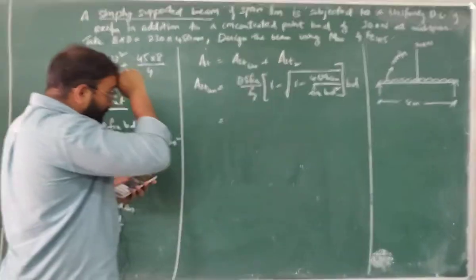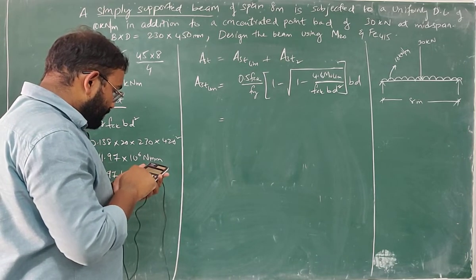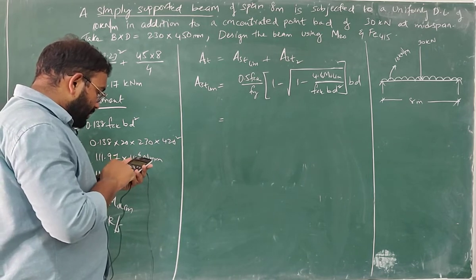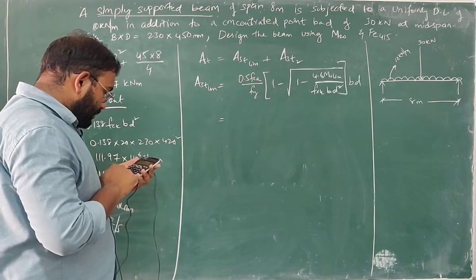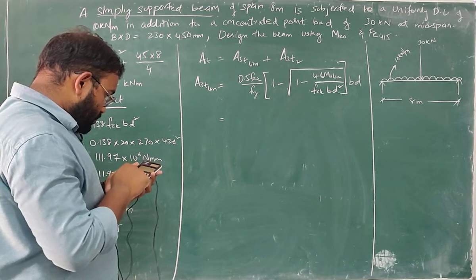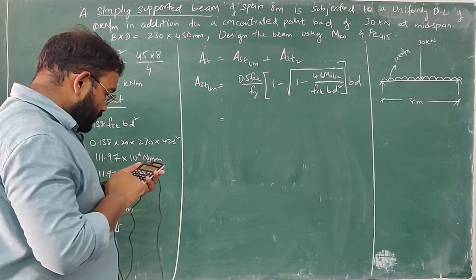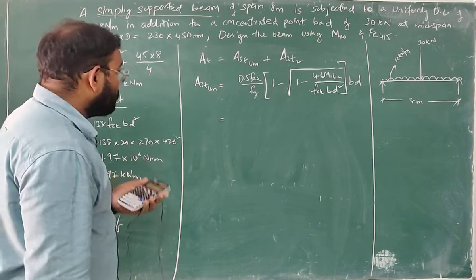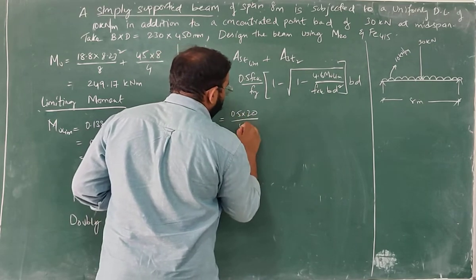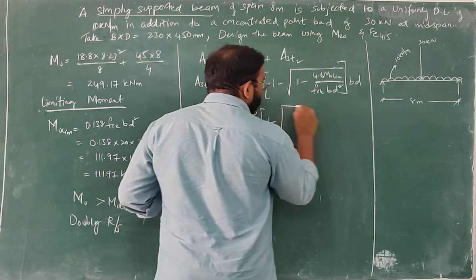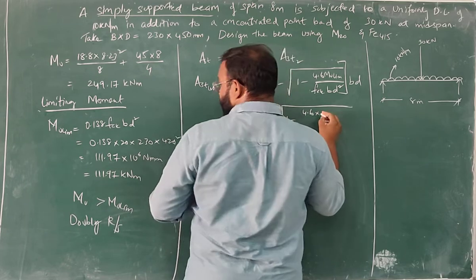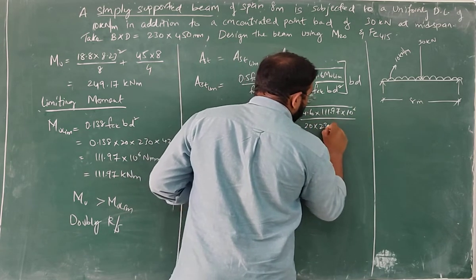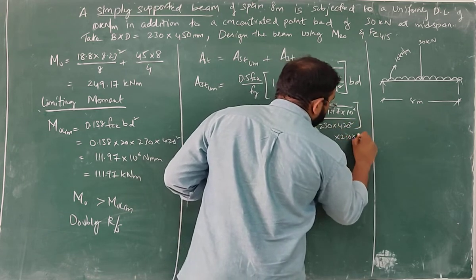Substitute all the values correctly here. 0.5 into 20 by 415 multiplied by 1 minus under root 1 minus 4.6 into 111.97 × 10^6 divided by 20 into 230 into 420 square, multiplied by 230 by 420.